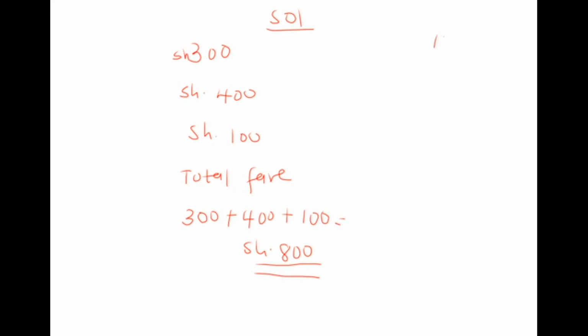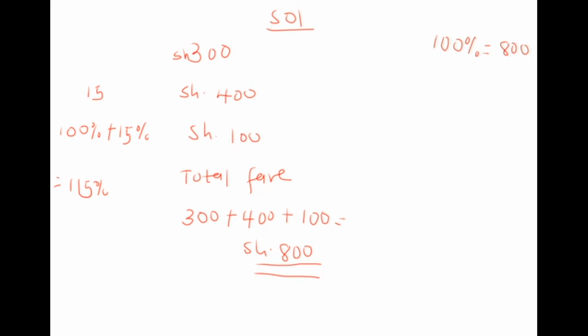If 100% is equivalent to 800 shillings, with the increase of 15, the new percent will be 100% plus 15%, which gives us 115%.